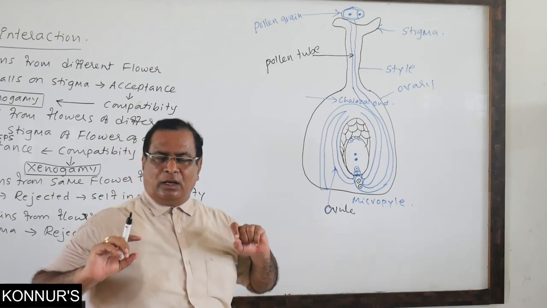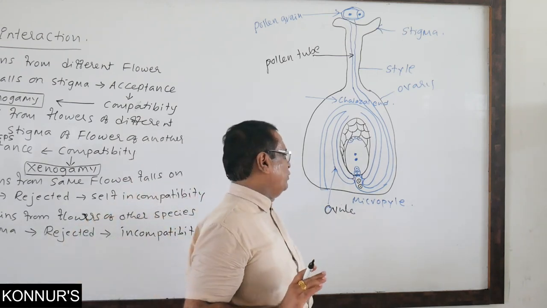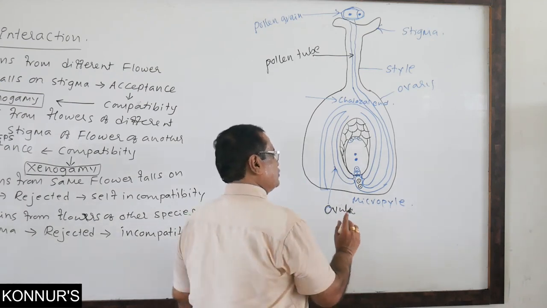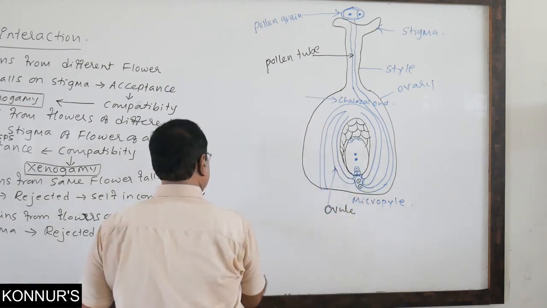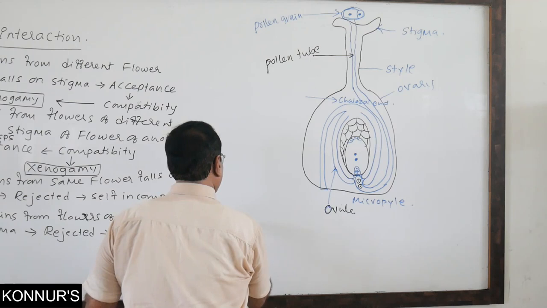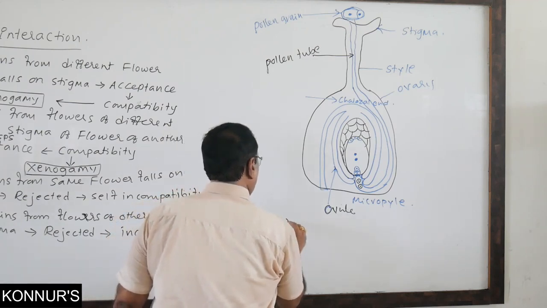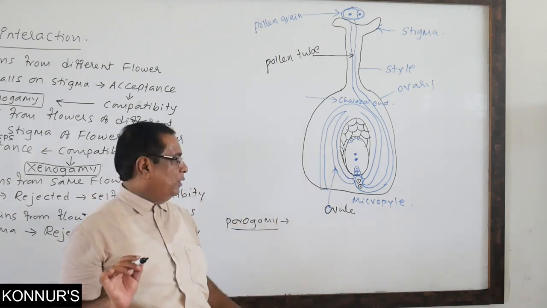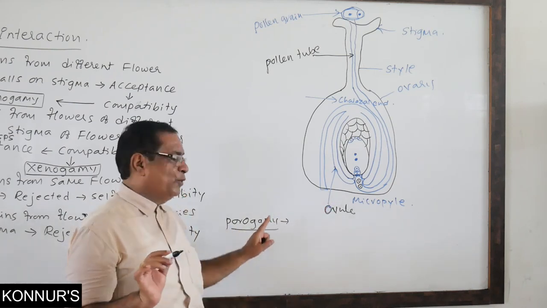And in almost all the plants it enters into the ovule through the micropyle. If it enters into the ovule through the micropyle, then it is said to be porogamy. The pollen tube enters into the ovule through the micropylar end. It is porogamy.